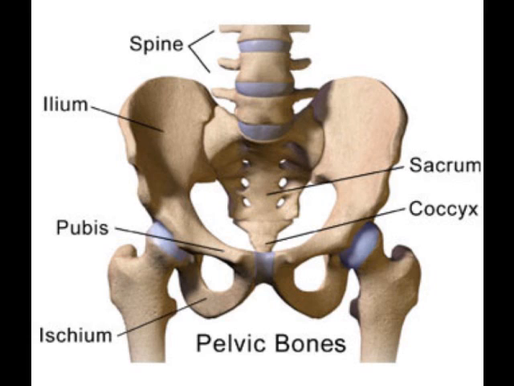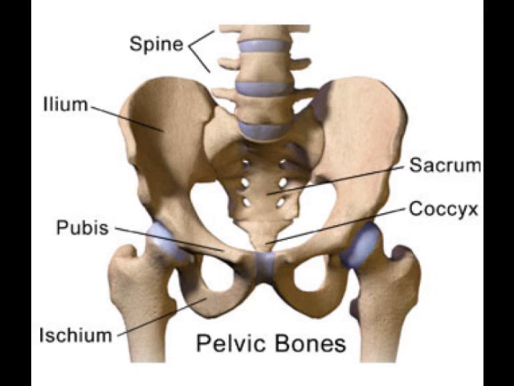And this is also the posterior front view of the pelvis. You can see the pubis bone there, and also right below that you see the ischium bone.